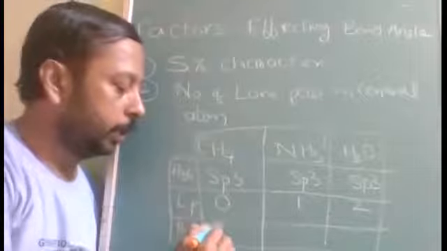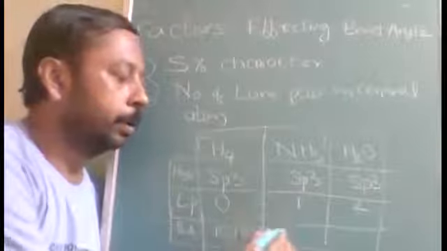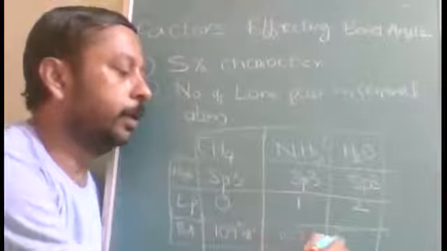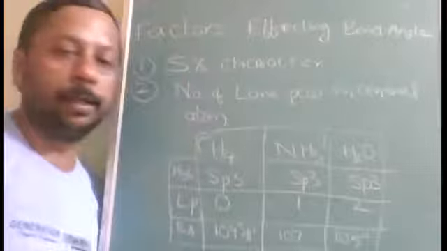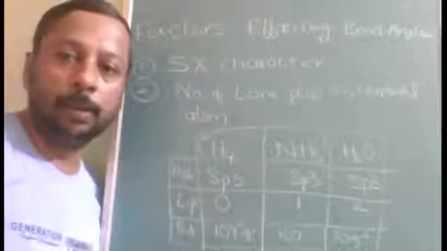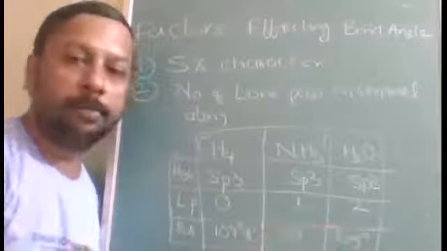What is the bond angle here? 109 degrees 28 minutes. Here 107 degrees. Here 104.5 or 105 degrees. So this is about 109 degrees, 107 degrees, 105 degrees.